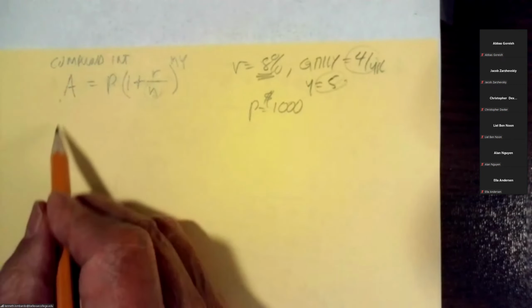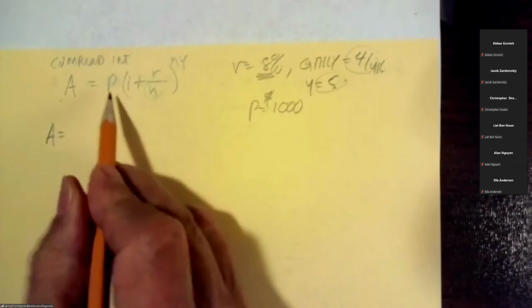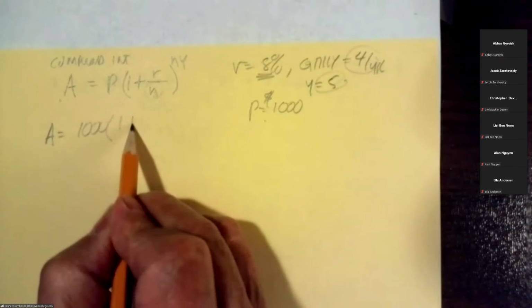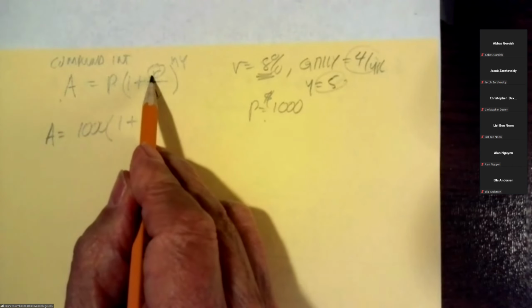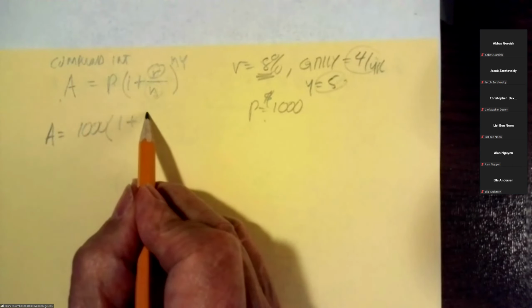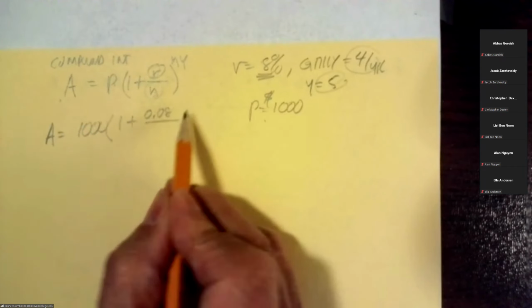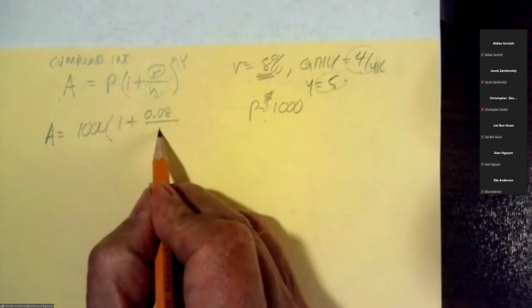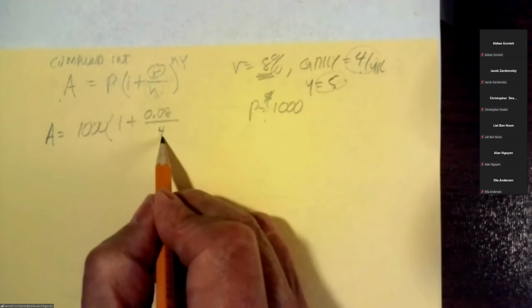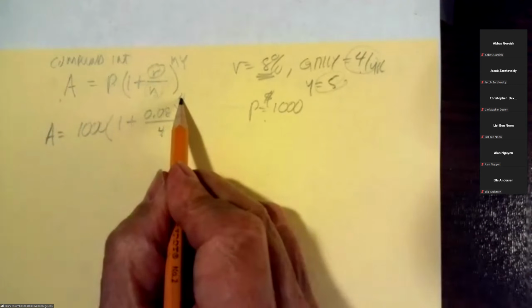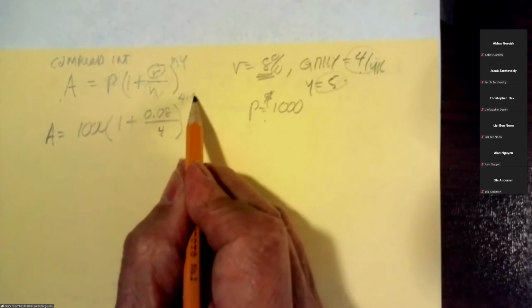If y represents the number of years, then I can put my figures in here. A equals P, which is 1,000 times 1 plus the interest rate. There's the annual interest rate of 8%, which in decimal form is 0.08, compounded quarterly. So I'm going to get 1/4 of that per quarter, but I'm going to compound it 4 times per year times 5 years.